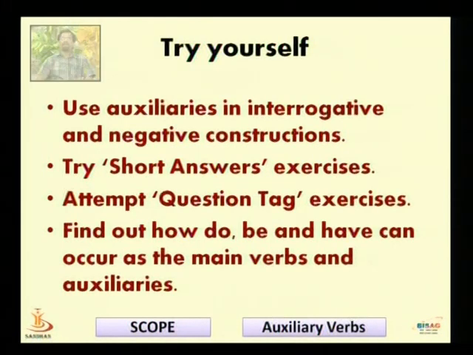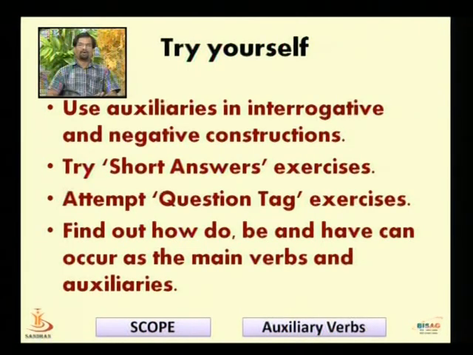So what you can do is pick up some sentences, maybe from the newspaper, maybe from your workbook, maybe from your textbook. You can make a list of such sentences in which the forms of be, have and do occur in two different categories. They have two different functions. They have two different positions, and you can make sure why they are used differently.